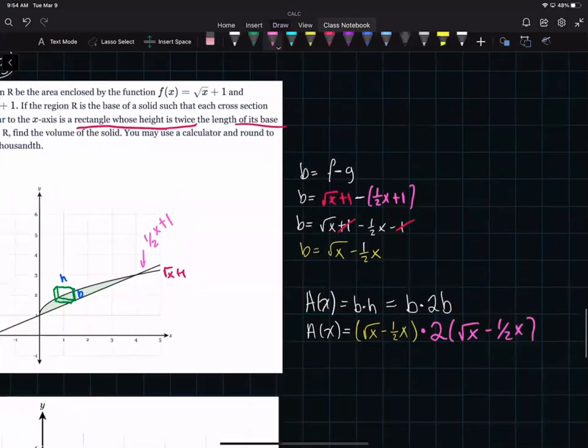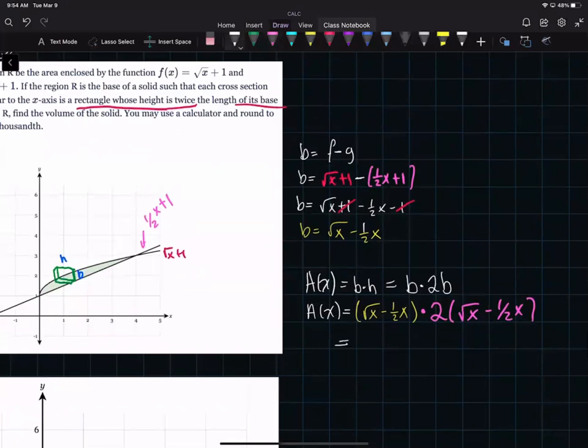All right. So then simplifying this will give me 2 times radical x minus a half x to the power of 2. And if you wish, you can actually color this one yellow so that you can see it more clearly. And that's my a of x.